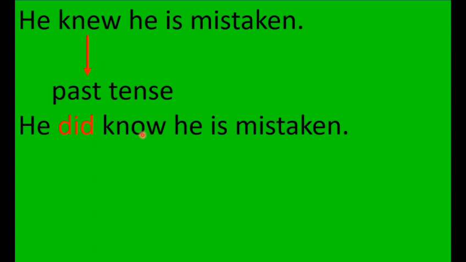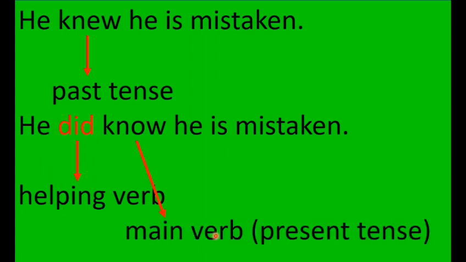It will become like this. Okay. He did. Okay, did is our helping verb. Know is our main verb. Now it is in the present tense. We cannot use knew here because it will become double past tense, and that is not allowed in English grammar. Once we use did as a helping verb, we cannot use the main verb as past tense because that is a violation. It will become a double past tense, and that is not allowed in English grammar.